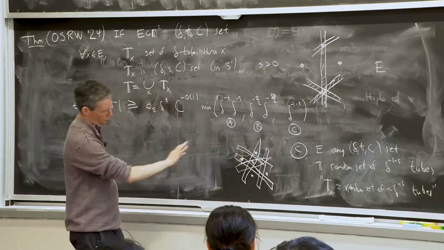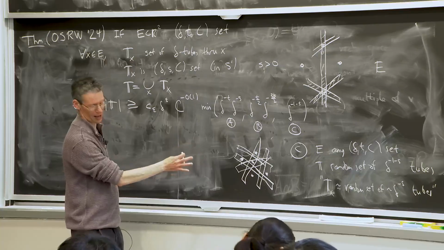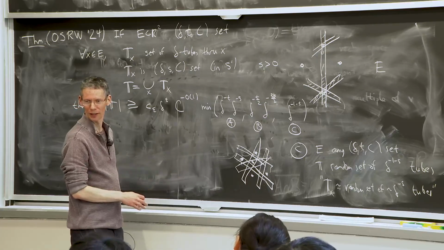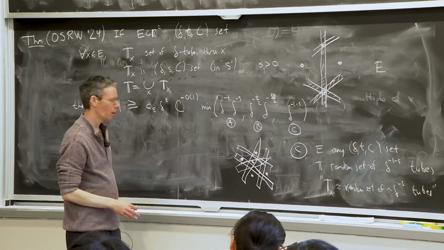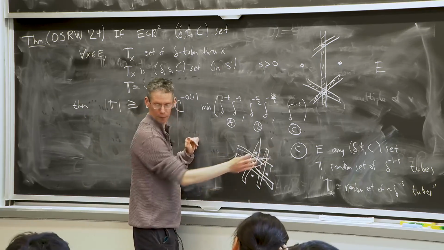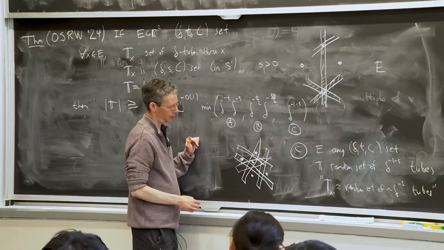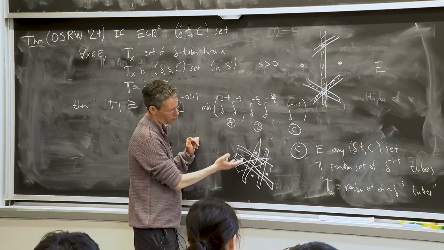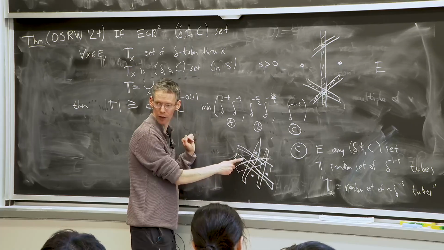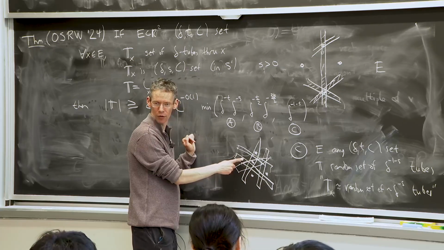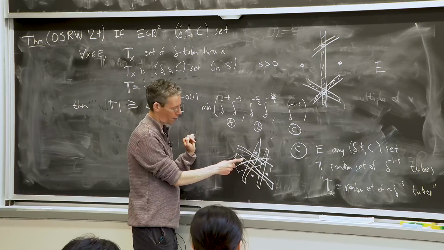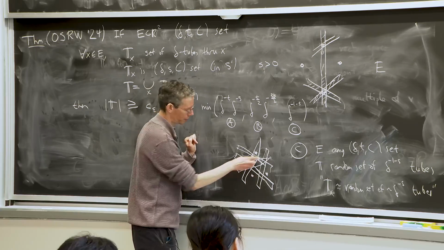So I drew these tubes, or I tried to do it without thinking at all about where the points are. There was nothing clever going on. But I drew a whole lot of them. And a delta fraction, if I draw a random tube, the probability that it goes through here is delta. So if I draw m times 1 over delta random tubes, I'll have about m of them going through this point.